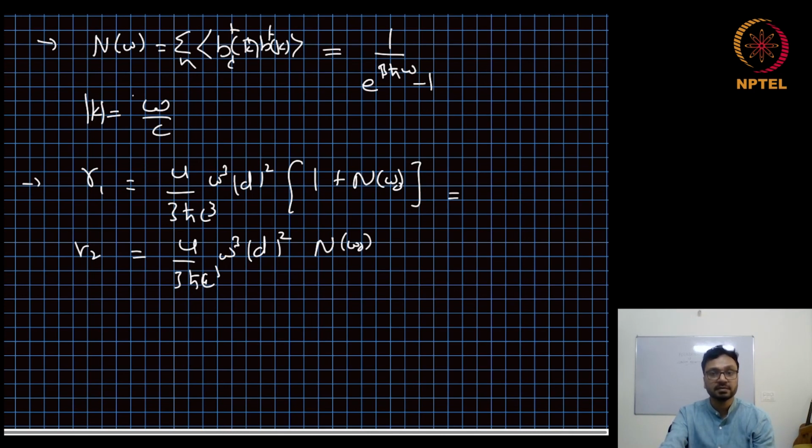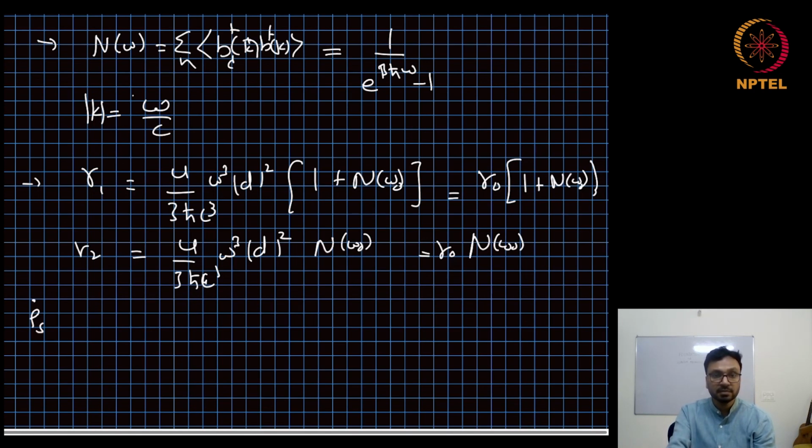Or we can write it as gamma naught, the spontaneous emission rate we had discussed for the vacuum case, times 1 plus n of omega naught, and gamma naught times n of omega naught, where omega naught was the resonant frequency of the atom.